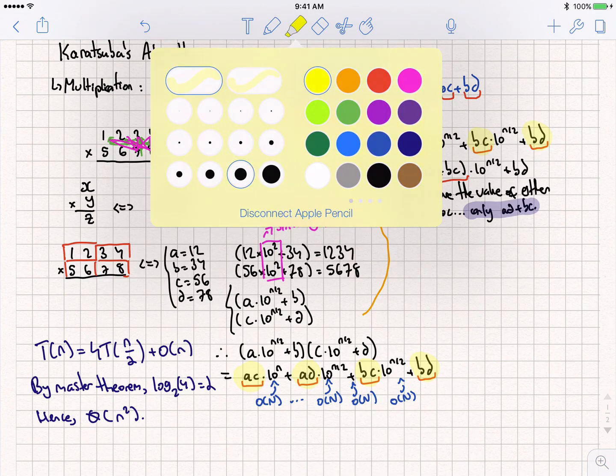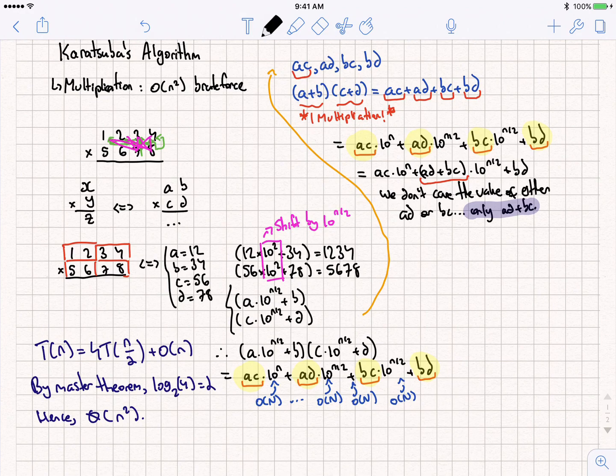Now, after we notice this fact, the rest sort of follows, because we can do three calculations.